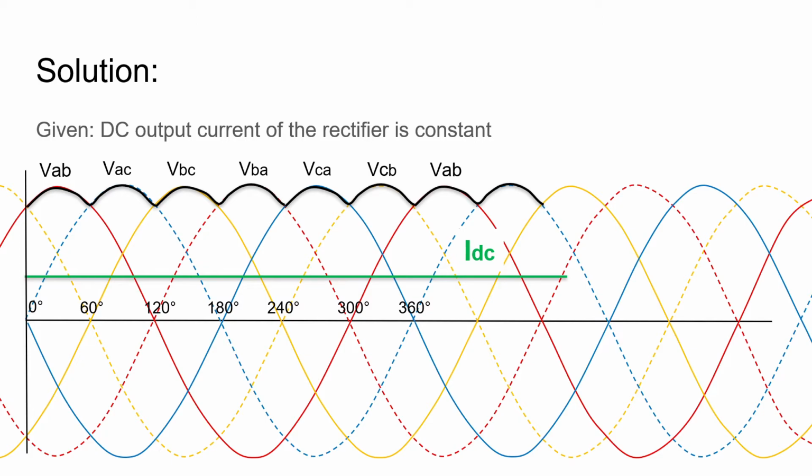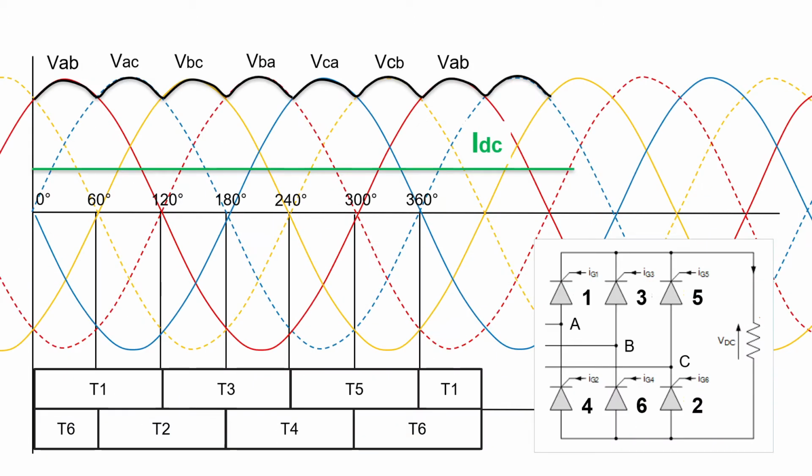Now, let us analyze the waveform further from the thyristors' point of view. As we know, the thyristors T1 to T6 are on over this entire 360 degree range. So, let us check one leg of the thyristors, that is the A phase, thyristors 1 and 4.